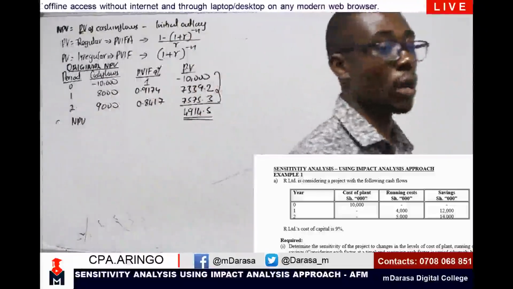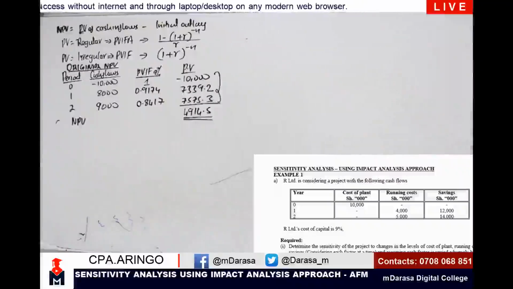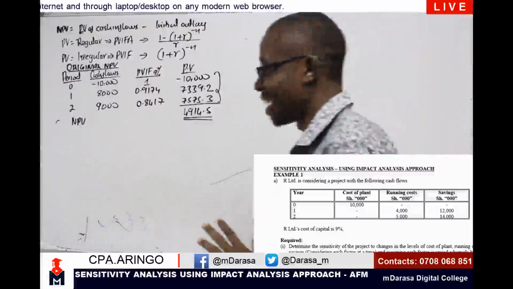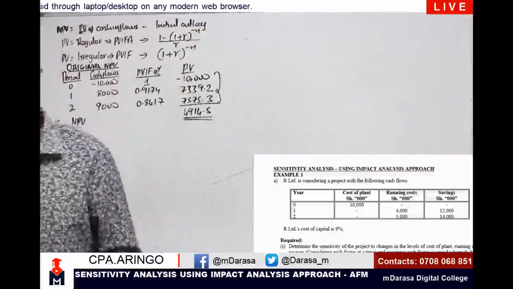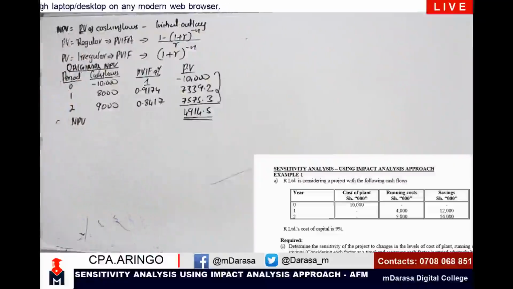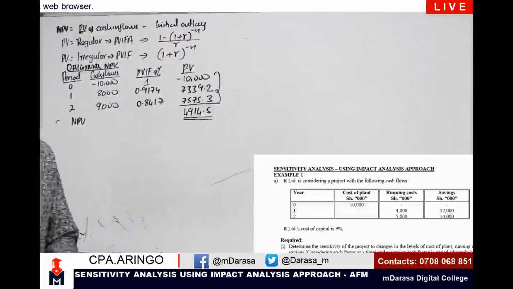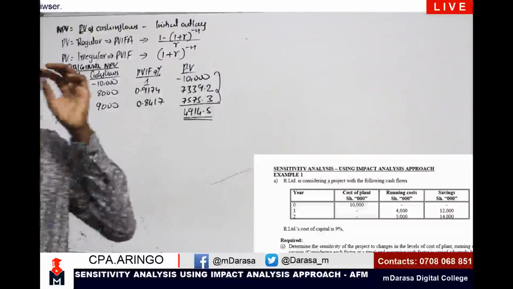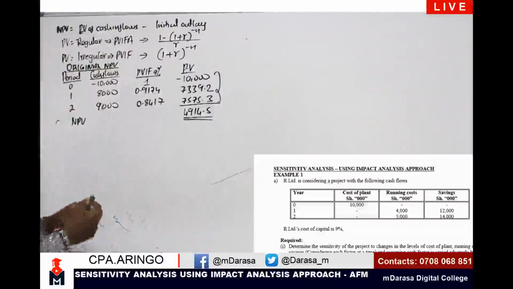That will be our NPV. Believing that we are all on the same page, guys, I want to show you all the tricks on how you can work it out, right? Once we have determined our NPV, you'll find there is another student who will do it like this, which should be correct, by the way.